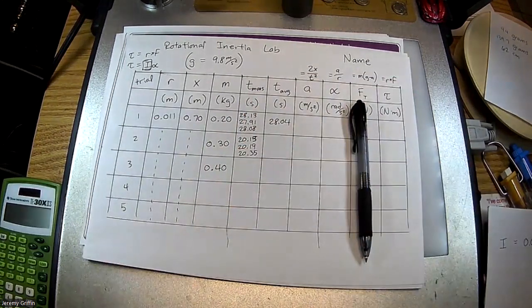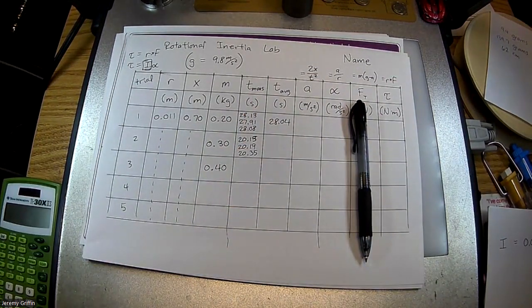Let's add on 100 more grams and bring it up to 0.4 kilograms. Rewind. Now I've got 400 grams on this thing.